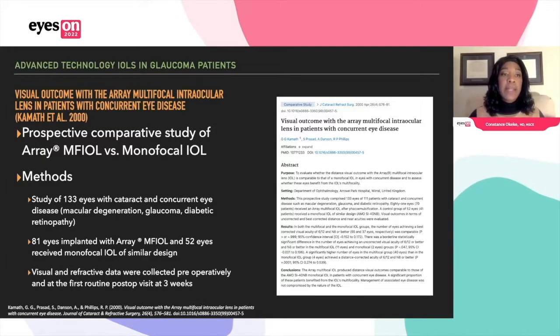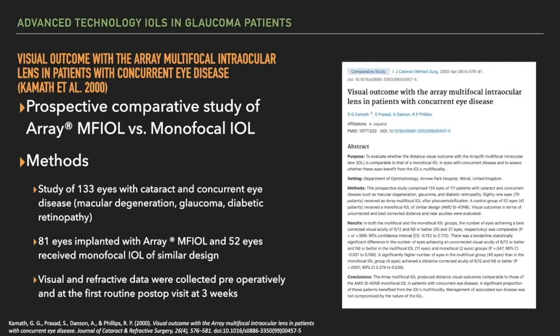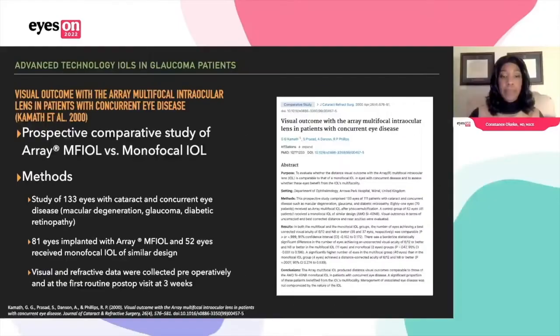And in this study, a multifocal lens was evaluated in patients who had different types of other eye diseases. They were varied, but they did include patients with glaucoma, as well as macular degeneration and diabetic retinopathy. This was 81 eyes that had a multifocal lens implanted and 52 with a monofocal lens design. Out of those eyes, 11 to 12 were in each of the various groups of IOL.